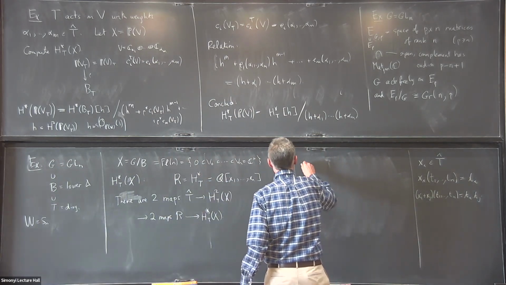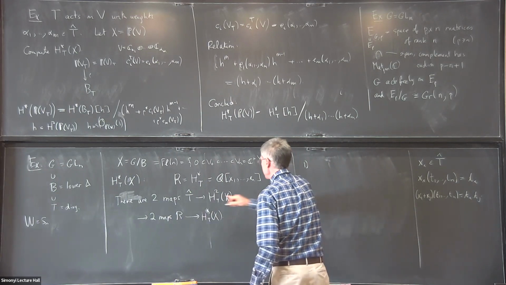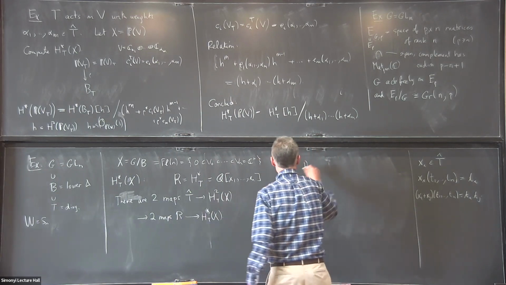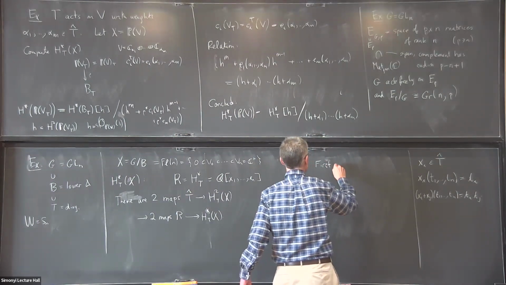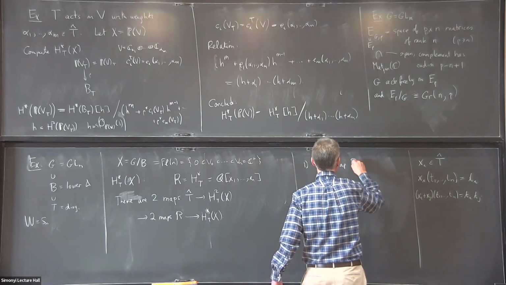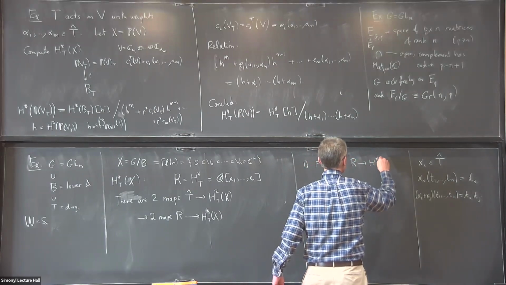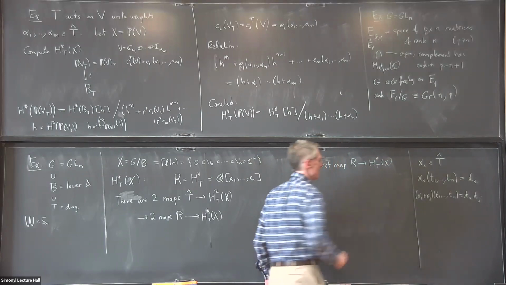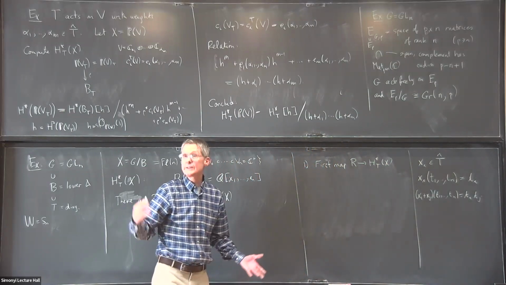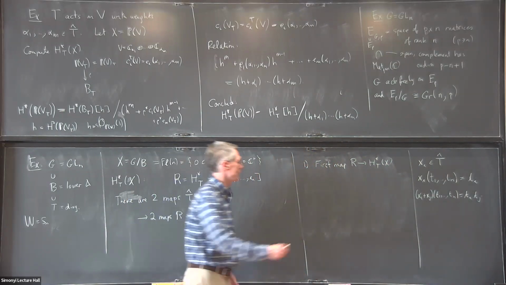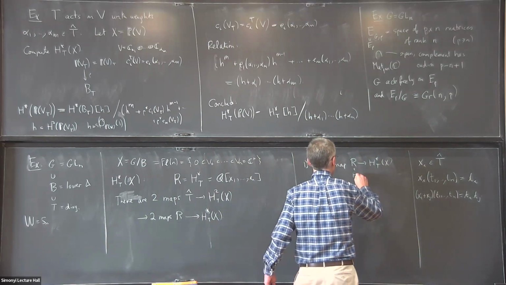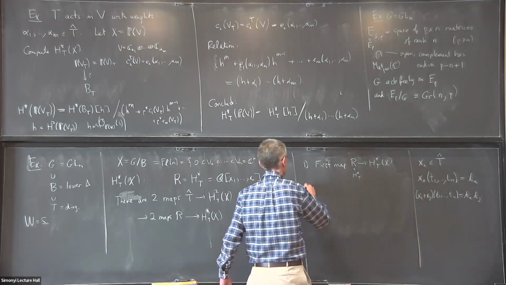So the first map from R into H^*_T of X is just the pullback from a point. It's just the H^*_T module structure.